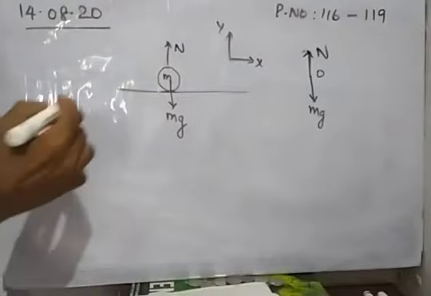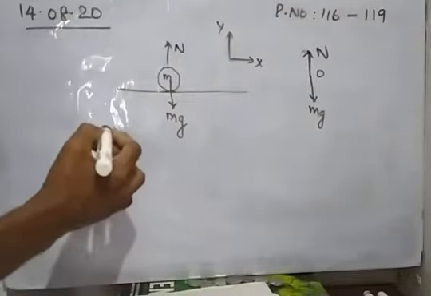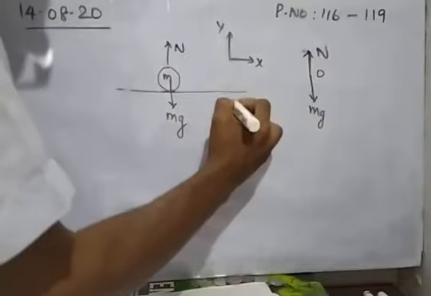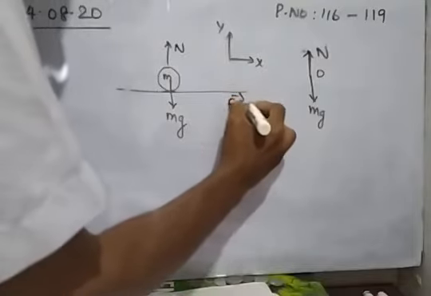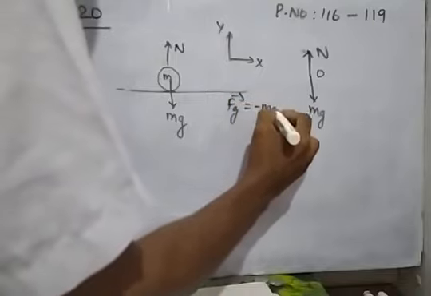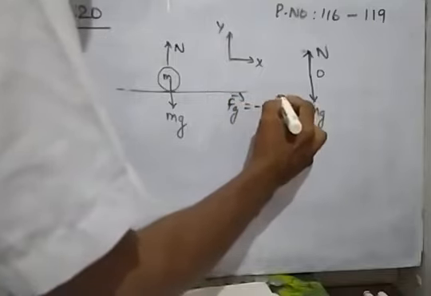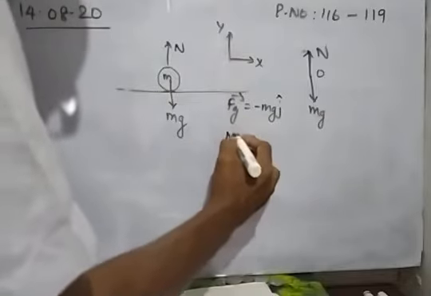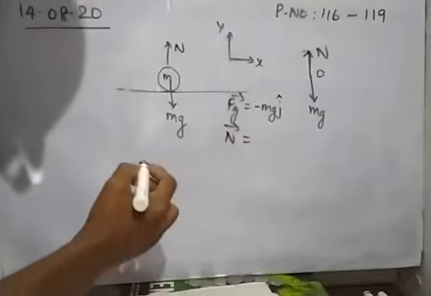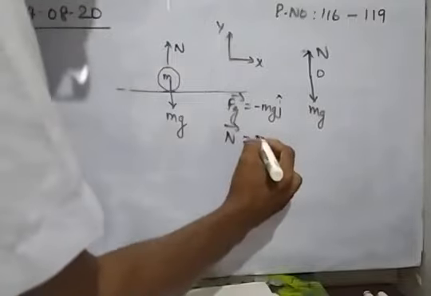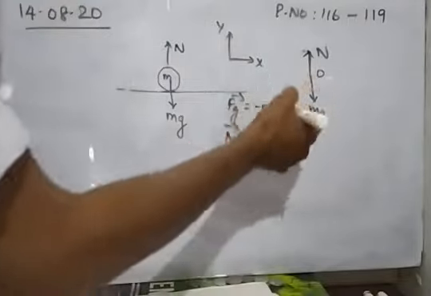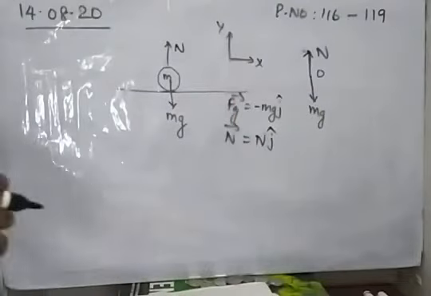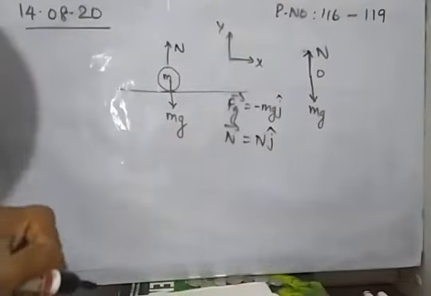Now if we apply Newton's law, what is the gravitational force? Fg is equal to minus mg j cap. The normal force N vector is equal to N j cap. The gravitational force is along the negative y direction, that's why there is a negative sign, and the normal force is along the positive y direction.